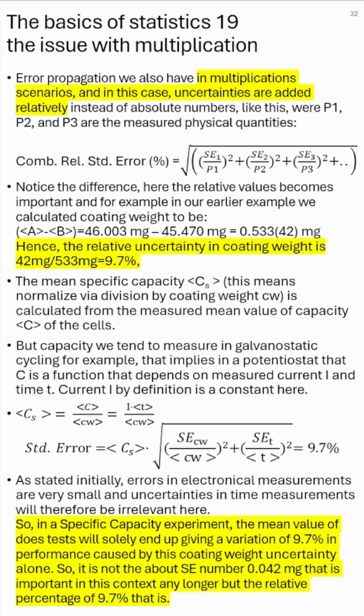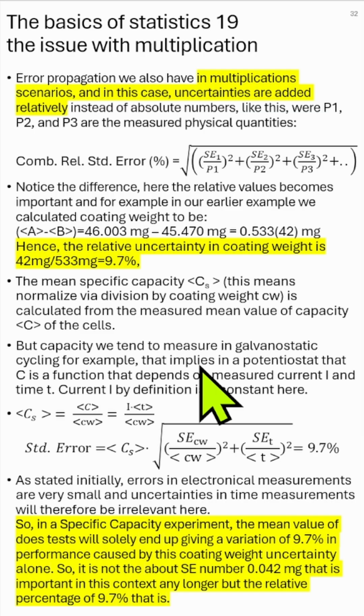Then we get the specific capacity. And how the potentiostat measures that absolute capacity, we use galvanostatic cycling, for example. And that by definition means in a potentiostat, static means that the current is kept static, galvanostatic, hence the name.